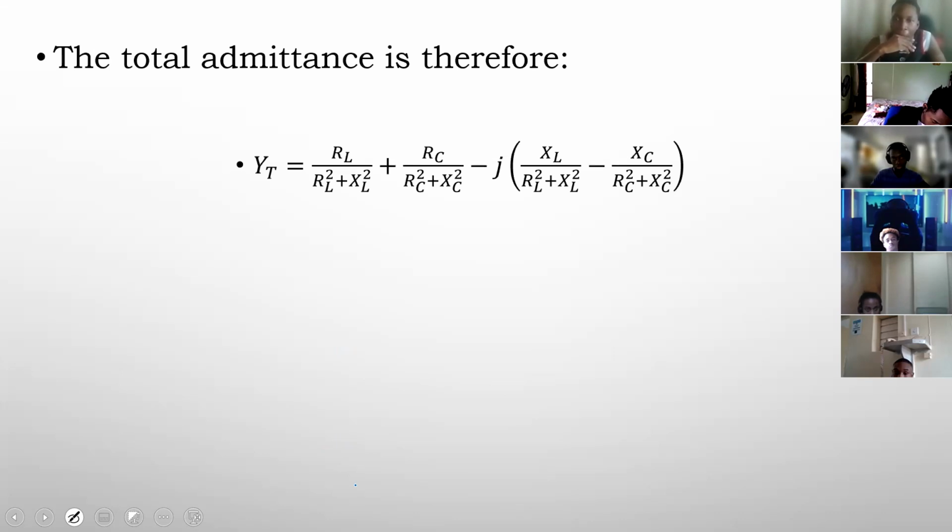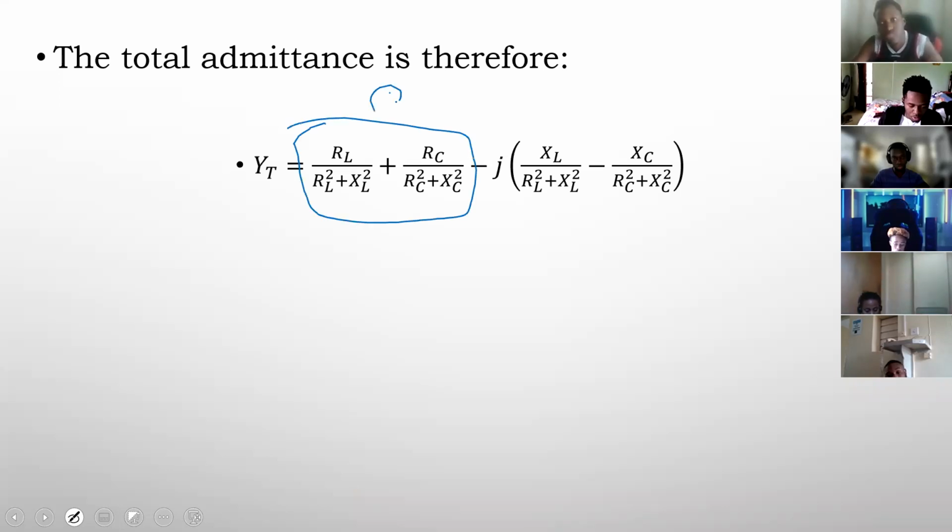So if I do that, this would represent my A, and this would represent my B. So in this instance, we have A minus JB.